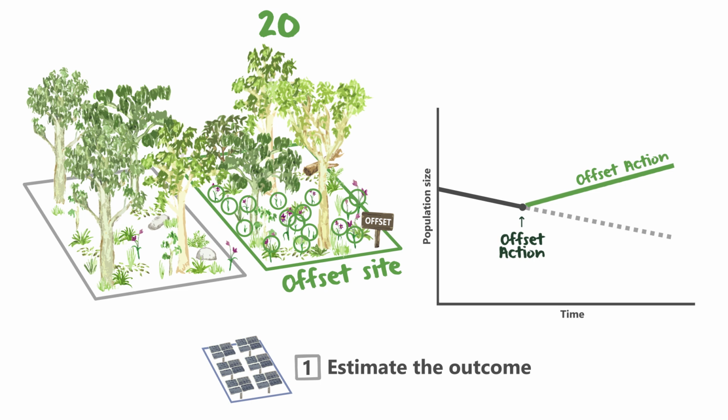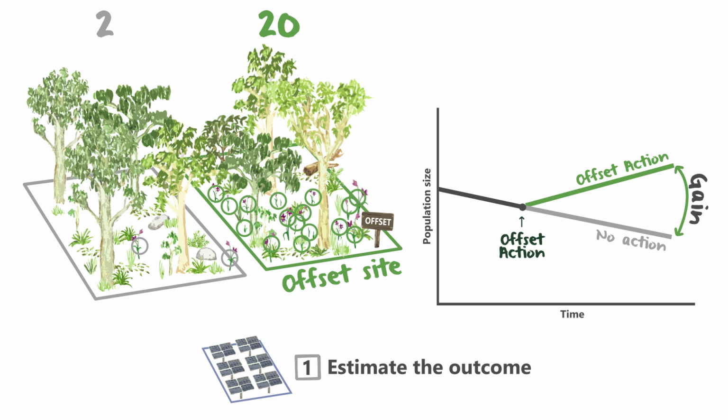Our job is not done yet because this on its own doesn't tell us about the gain that we can attribute to the offset action itself. That's because there would probably have been some plants there even if we didn't do the offset action. The offset gain is defined as the difference that the offset action has made to the outcome.